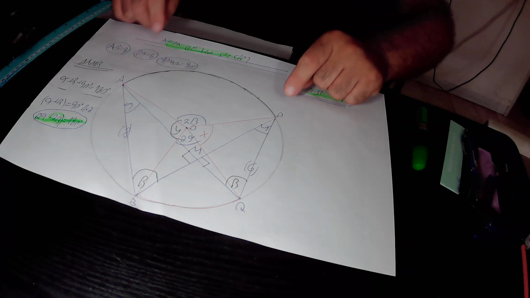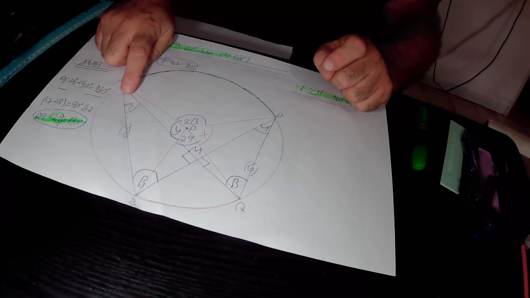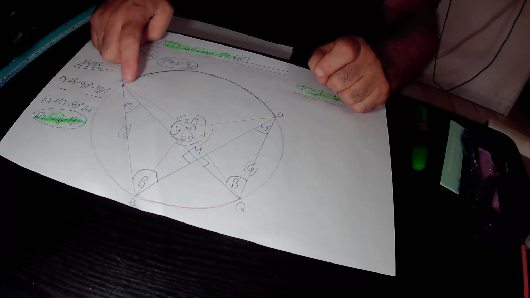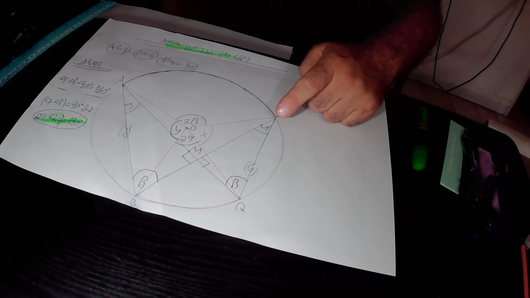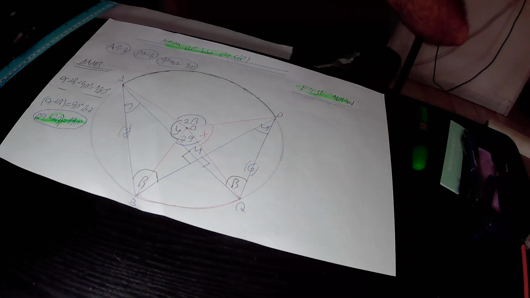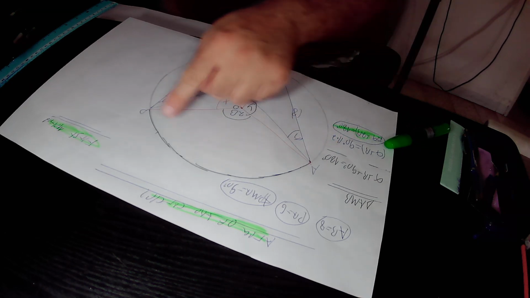And because those two peripheral angles are subtended on the same arc, they must be equal to each other in their sizes. So if the size of this peripheral angle BAQ equals alpha, then the size of this peripheral angle QPB must also be equal to alpha because they both subtend the same arc BQ. In the next step, we will focus on this arc AP.